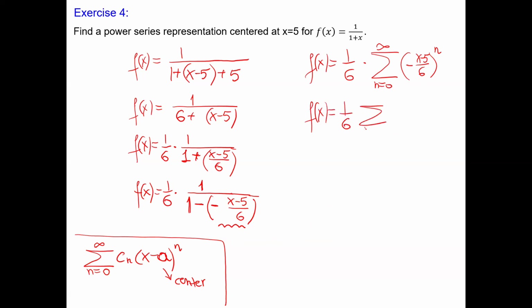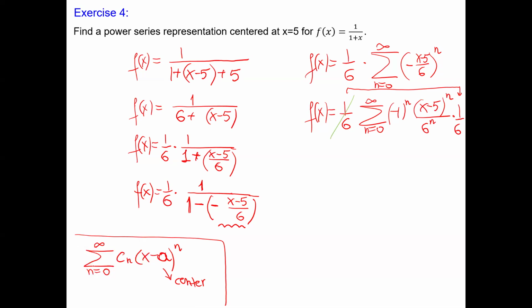Okay, let's try to simplify. Negative 1 to the n, as always, alternation, x minus 5 to the power of n, and 6 to the power of n. Everything is taken to the power of n. That 1/6, I will move in front of the sigma, because it's not affected.